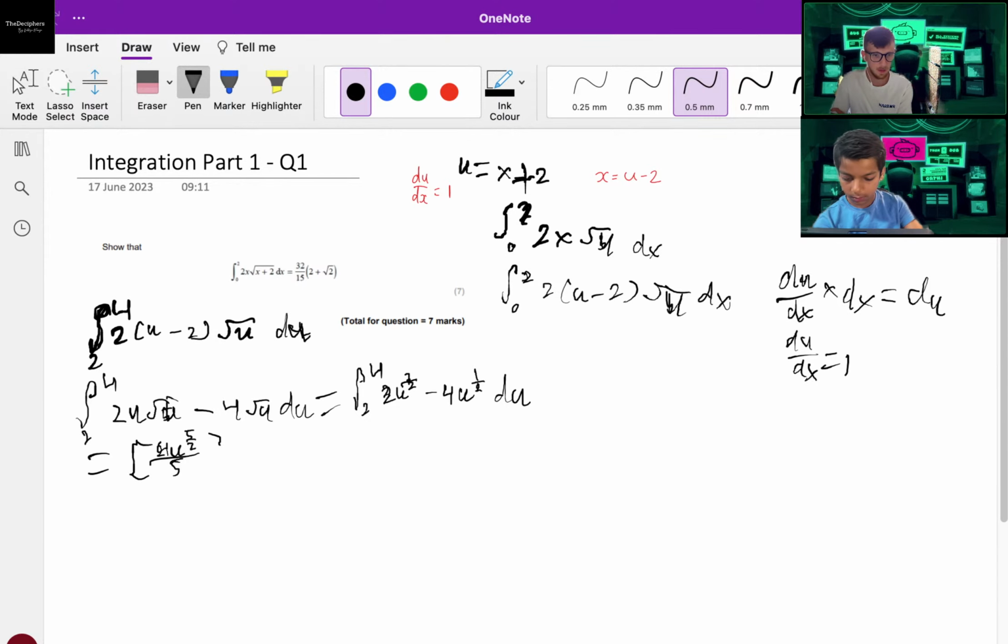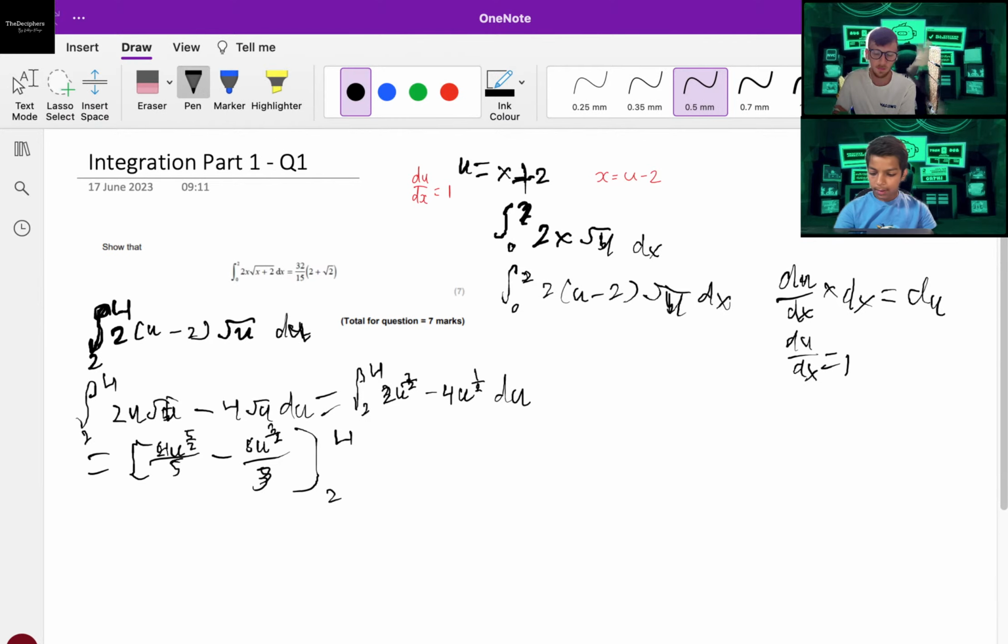Good. Raise the power by 1, divide through by the new power. Exactly right. Then we need to take away the integral of 4u to the power of a half, which is 8u to the power of 3 over 2 divided by 3, from 2 to 4.